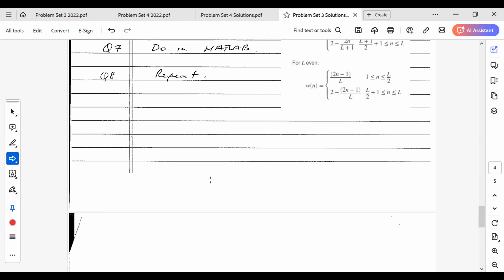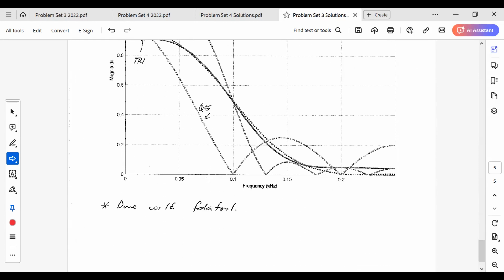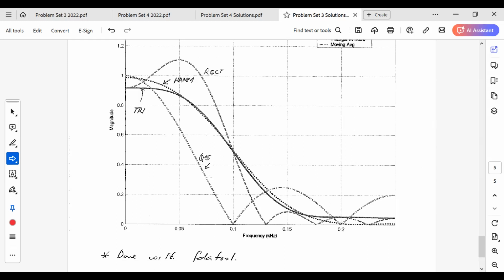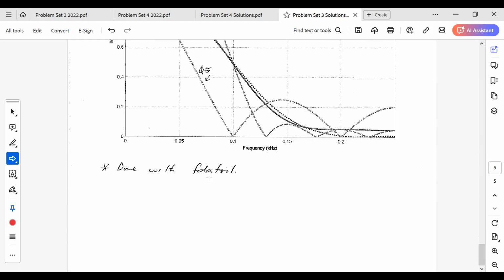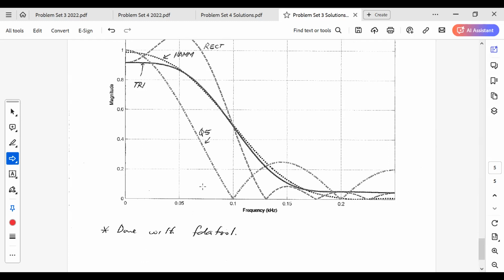All right, 8 and 9. Okay, and here's what some of the results were. And then, well, that took care of basically problem set 3.